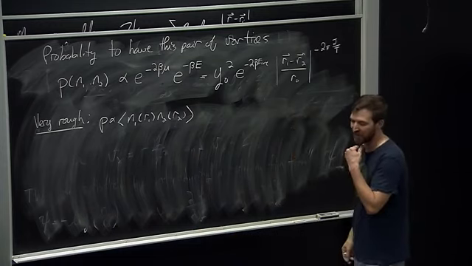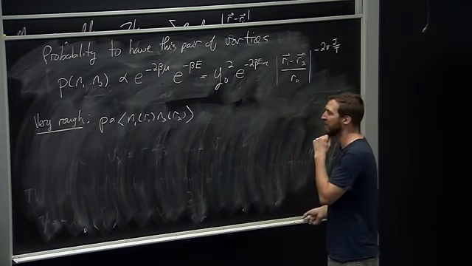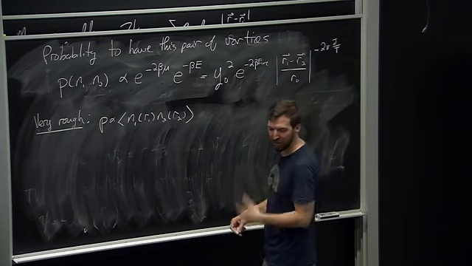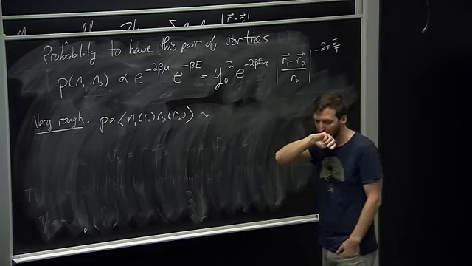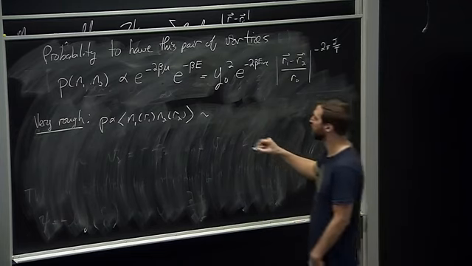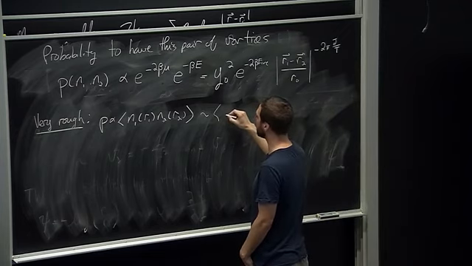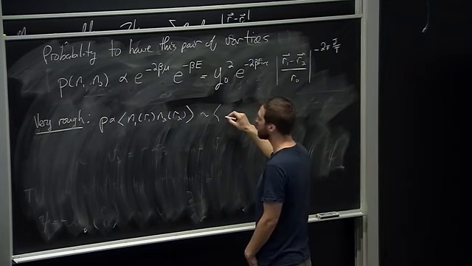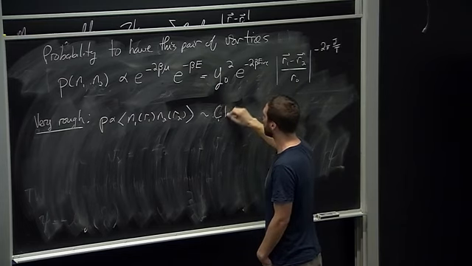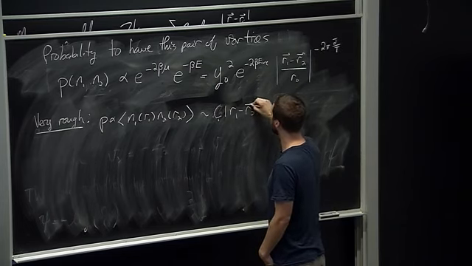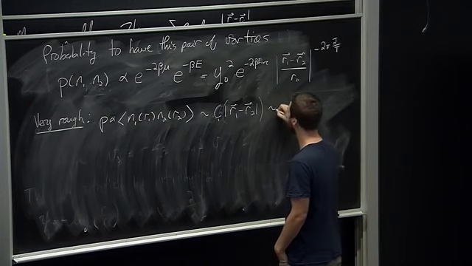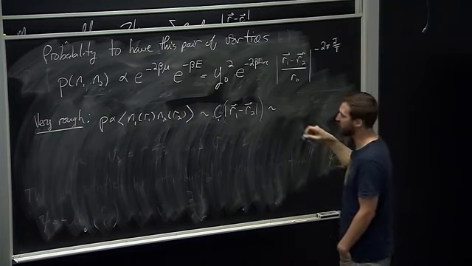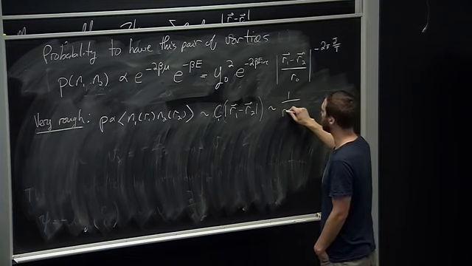All I care about is the scaling dependence. I'm going to think of that 2-point function as going as 1 over the separation distance R.